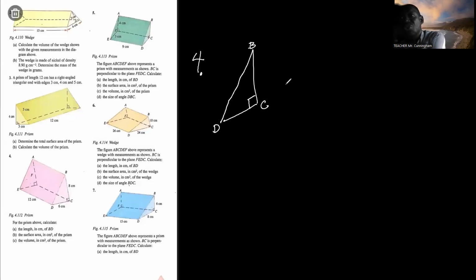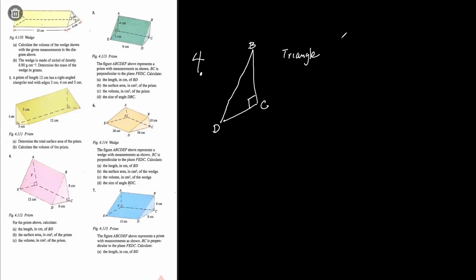So this is a triangle with a perpendicular height. They have this as 8 and this as 6.